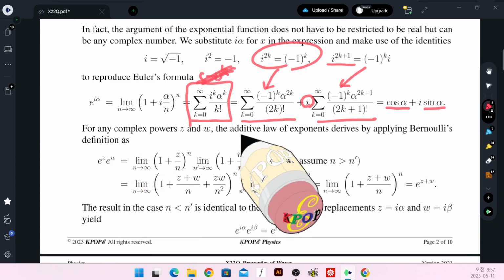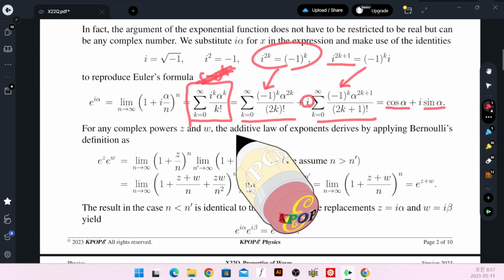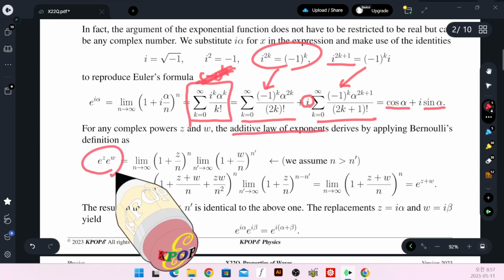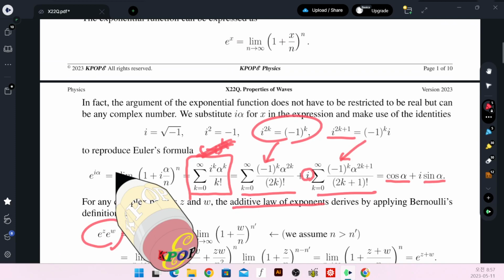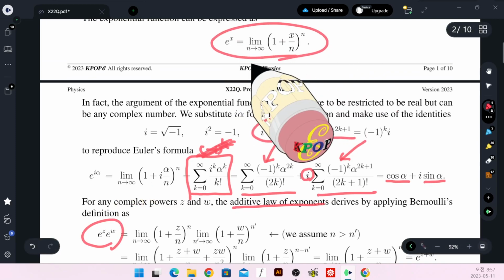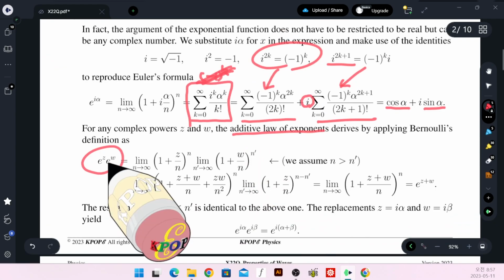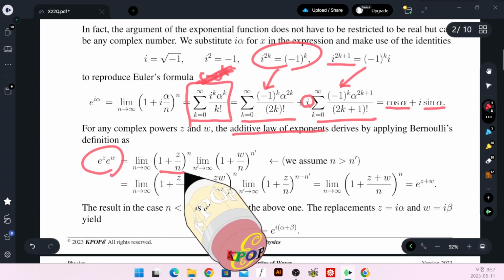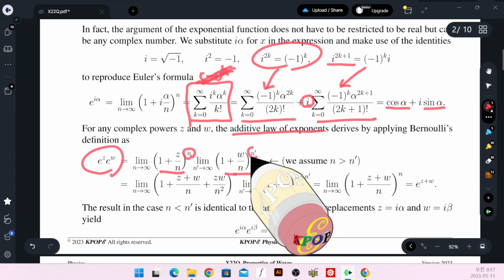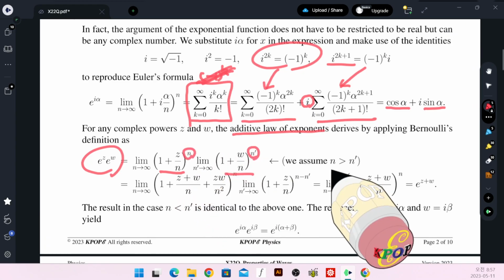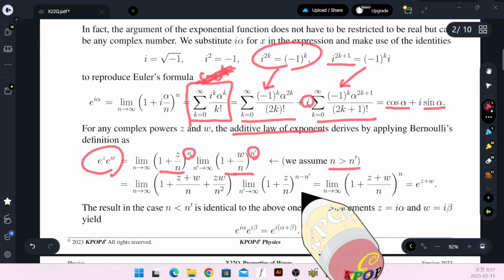We can apply the additive law of power exponent, and this one can also be derived using the Bernoulli definition. For example, these two factors may have different powers. Suppose that we have n greater than n prime.